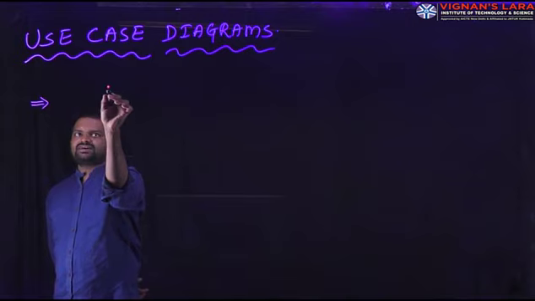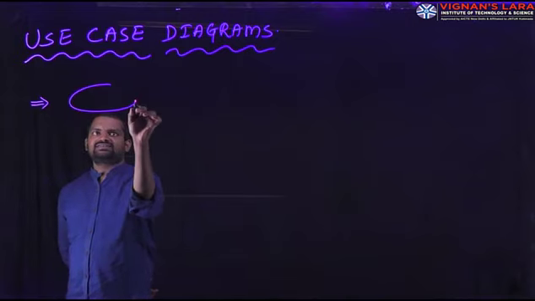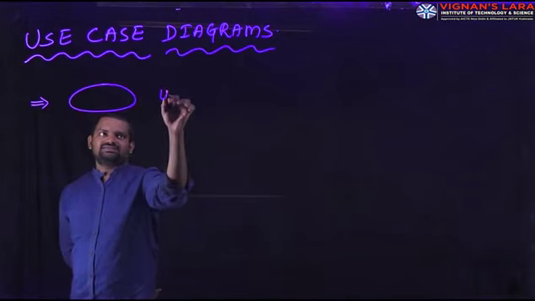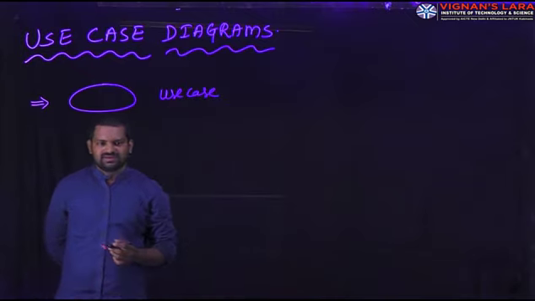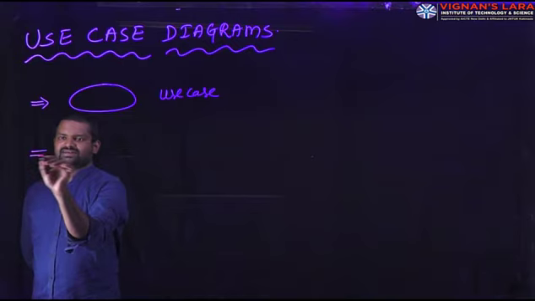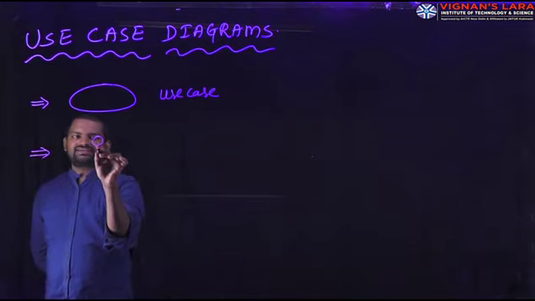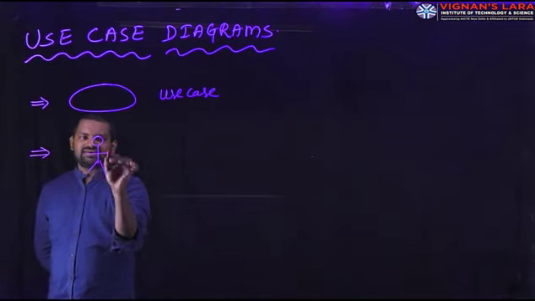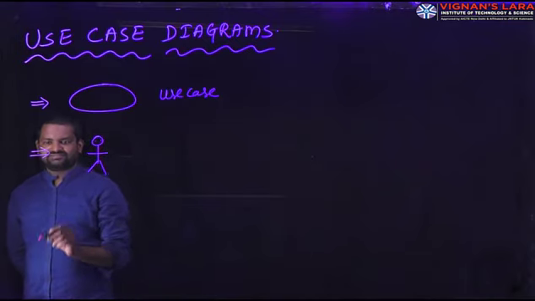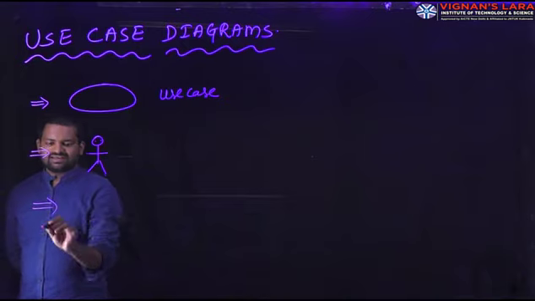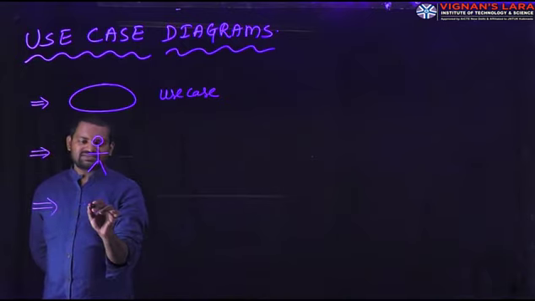The first one is the use case, the second one is the actor, represented by a stick symbol, and the third one is the relationship. In the use case diagram we will use dependency relationship.